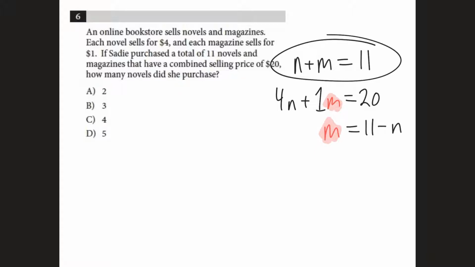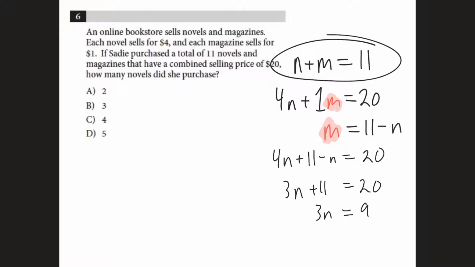We're going to have 4 novels plus the number of magazines, which is 11 minus 1 novel, equal to 20. All right, so combine like terms. I get 3n plus 11 equals 20. Subtract 11 from both sides. I get n equals 3. So the number of novels is going to be 3.